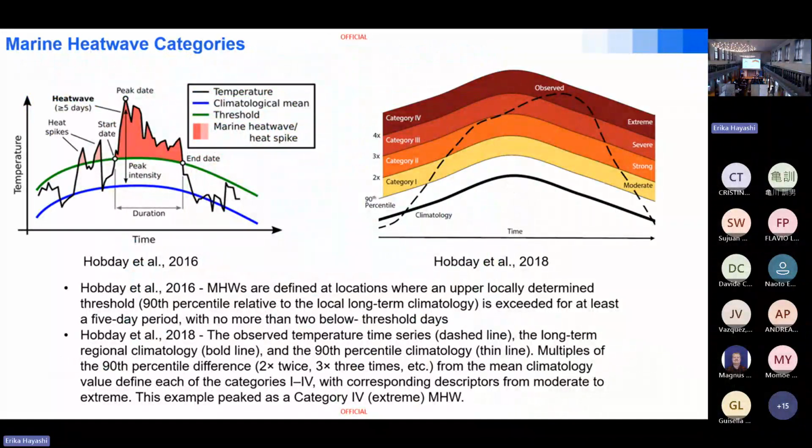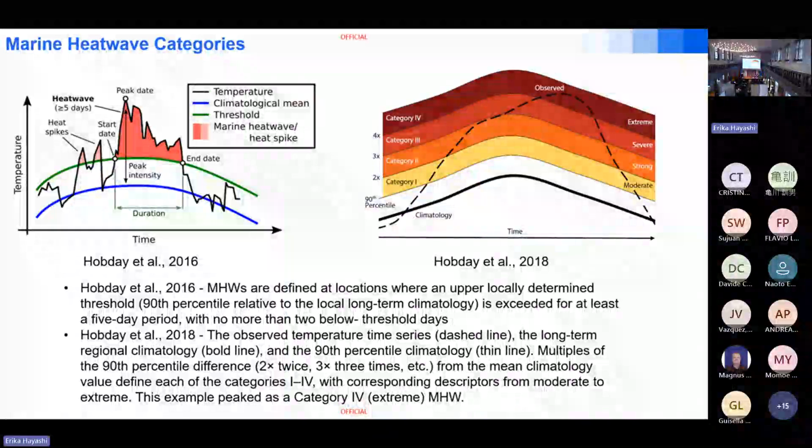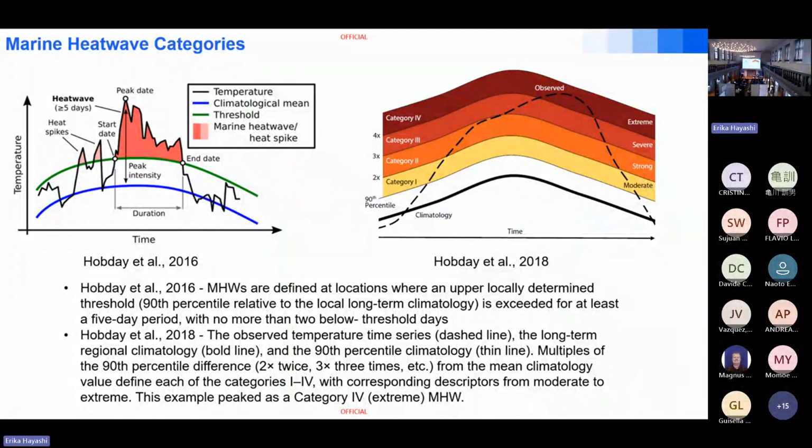Now, as Anna showed before, the definition for the marine heatwave category. So in 2016, they came up with the definition that if our SST is exceeding a threshold, and that is normally the 90th percentile of the long-term climatology, for at least a 5-day period, then we call it a marine heatwave.